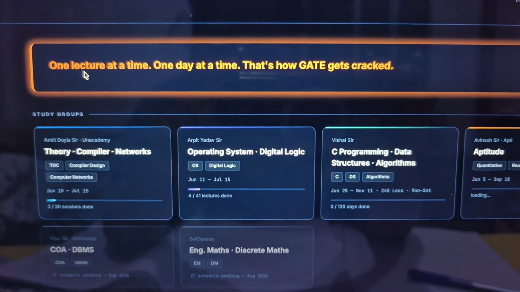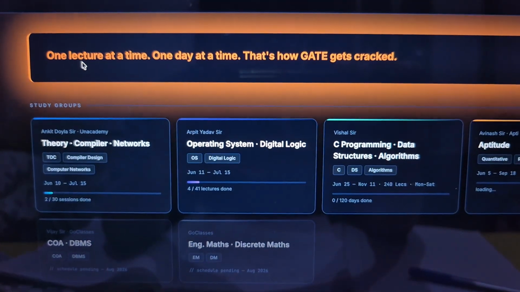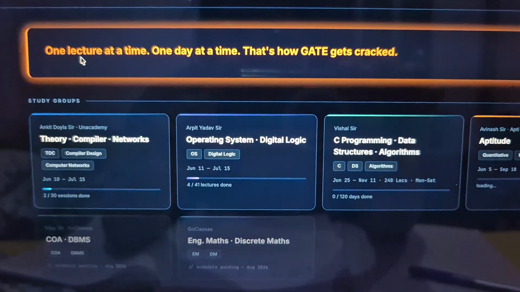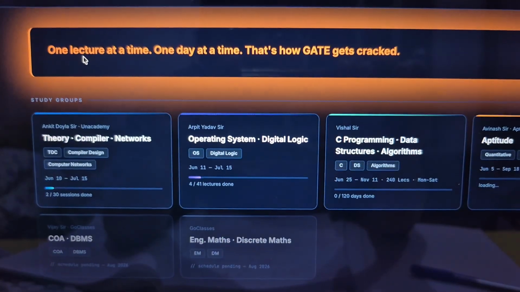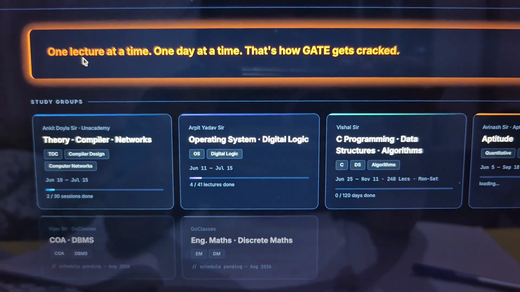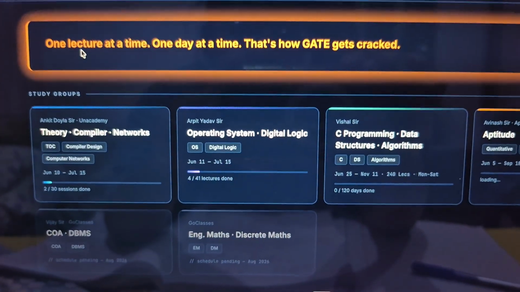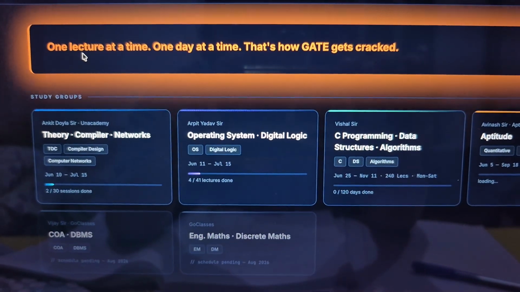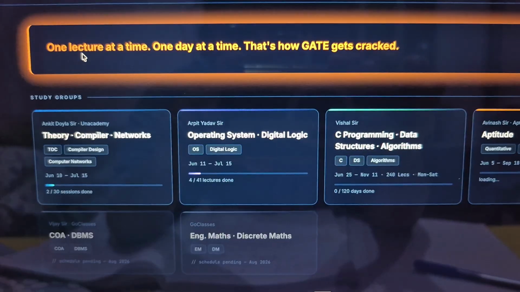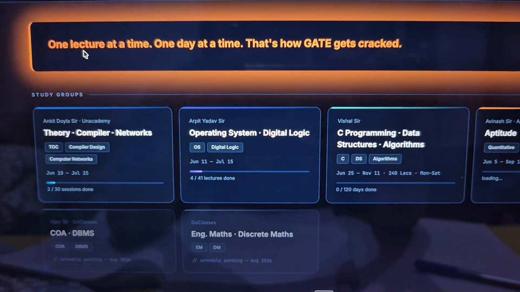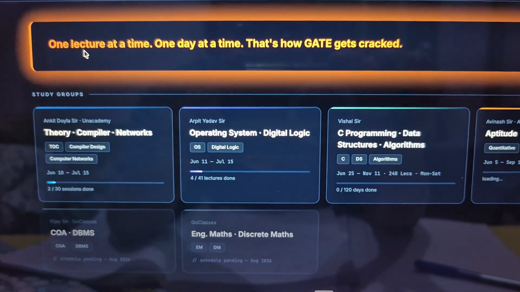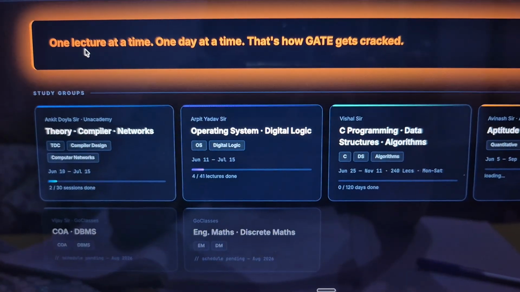If someone decides, they'll definitely start it and score also. As long as you are consistent with your prep and doing things correctly, anyone can start now and complete it, because almost 7 months are there.